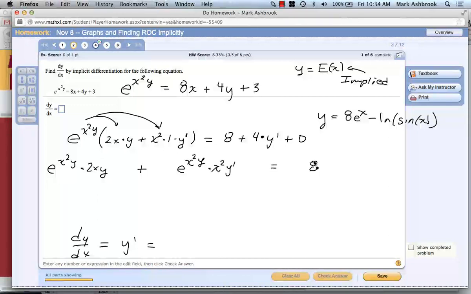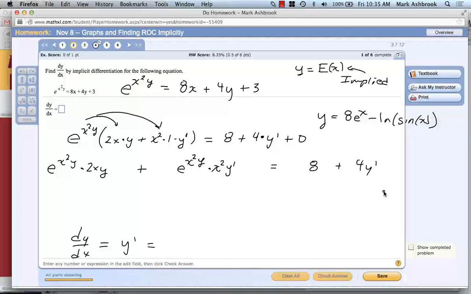Equals 8 plus 4y prime. Even though there are lots of things multiplied sometimes in each term, keep those units together and keep your terms, added and subtracted, spread out. That's where students end up making lots of mistakes, because the multiplication and addition becomes this big blob, and that's where mistakes happen.